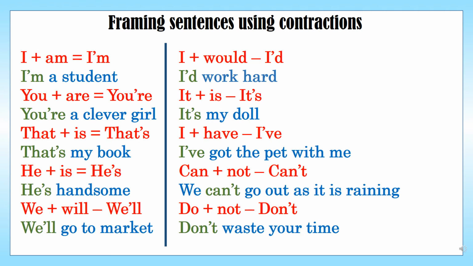Students, shall we revise how contractions are formed and use these contraction forms in a sentence? First one, I plus am can be said as I'm. In a sentence, we can use this one as I'm a student.